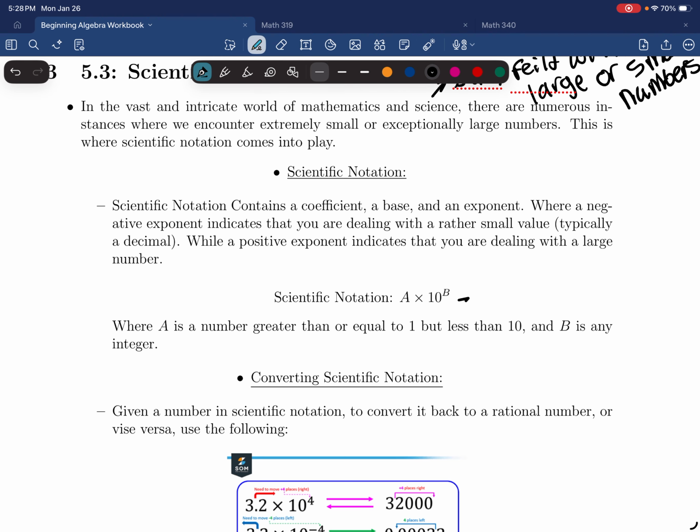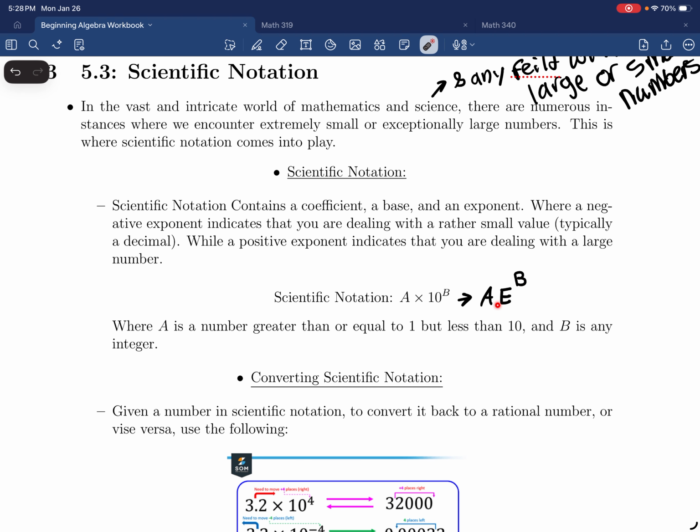Occasionally, scientific notation can be written as a times the letter E, which is usually capital, so a, E, and then raised to whatever power. Usually you only see the letter E in your calculator, because in calculators you can also input scientific notation, and there's an E button that you can use for that.